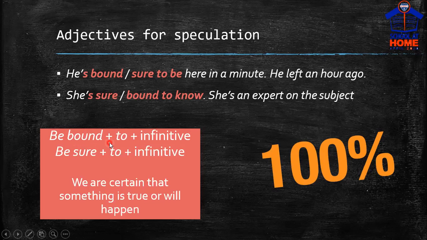It says, be bound to plus infinitive and be sure to plus infinitive. This shows that something is certain, okay? That is true or will happen. We are pretty sure that that thing is going to happen, so that is why we are going to say those two words, okay? Be bound to or be sure to.